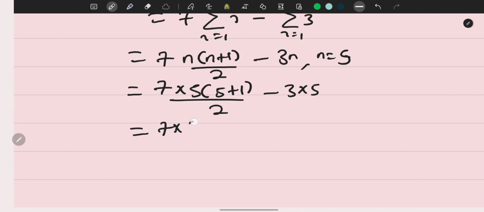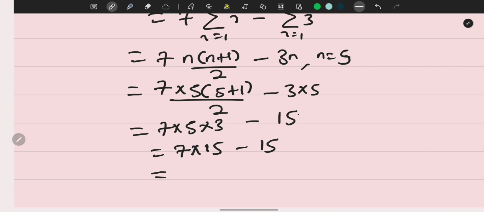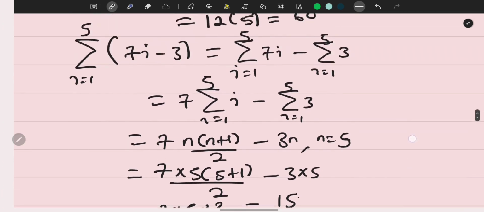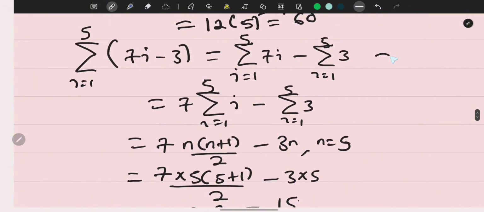So you have 7 times 5 times 3 minus 3 times 5, that's 15. So this is 7 times 15 minus 15. So 7 times 15 minus 15, that's 6 times 15, and this is 90. So that is the result for this given question. So the result here is 90.